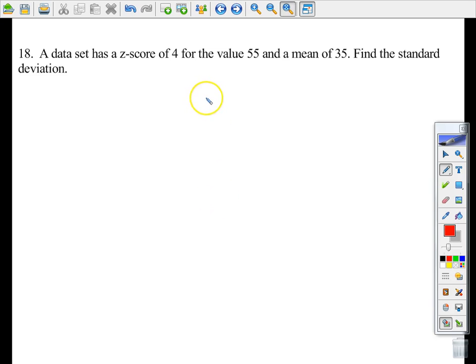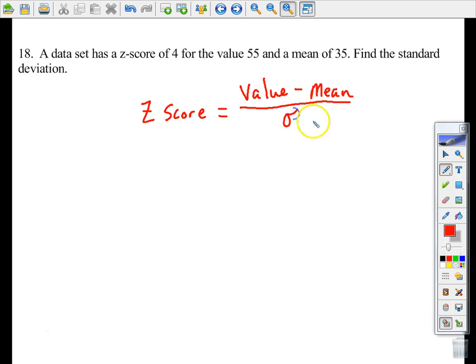Number 18 says a data set has a z-score of 4, value of 55, mean of 35. So you're going to need to know the z-score formula for this test, and here it is. Z-score is equal to value minus the mean divided by the standard deviation. Okay, so we are told what z-score is. It's positive 4. The value is 55.